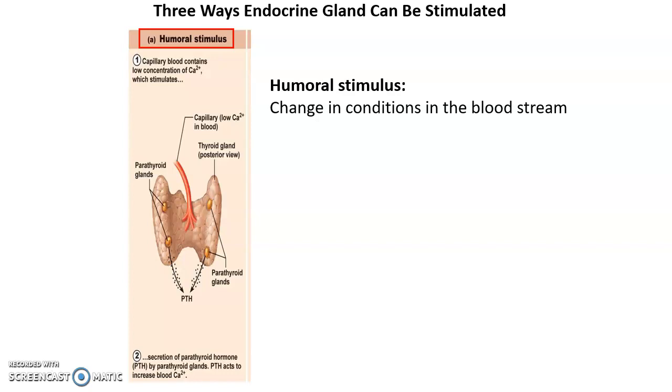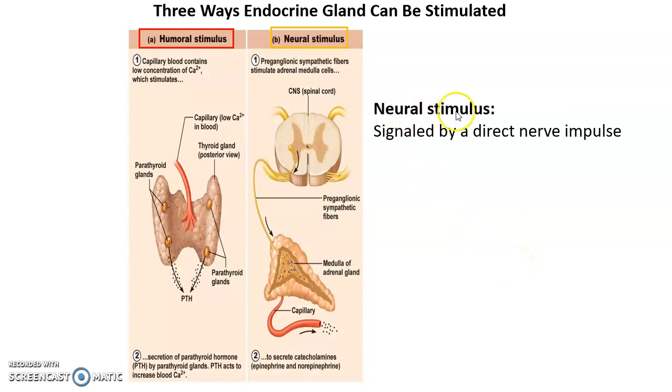One is humoral stimulus. Humoral stimulus is a change in conditions in the bloodstream. So some glands keep an eye on what's going on in the bloodstream, and if conditions change, that will cause them to release the hormone to then re-establish the proper levels of whatever substance this is, such as glucose or calcium and so forth.